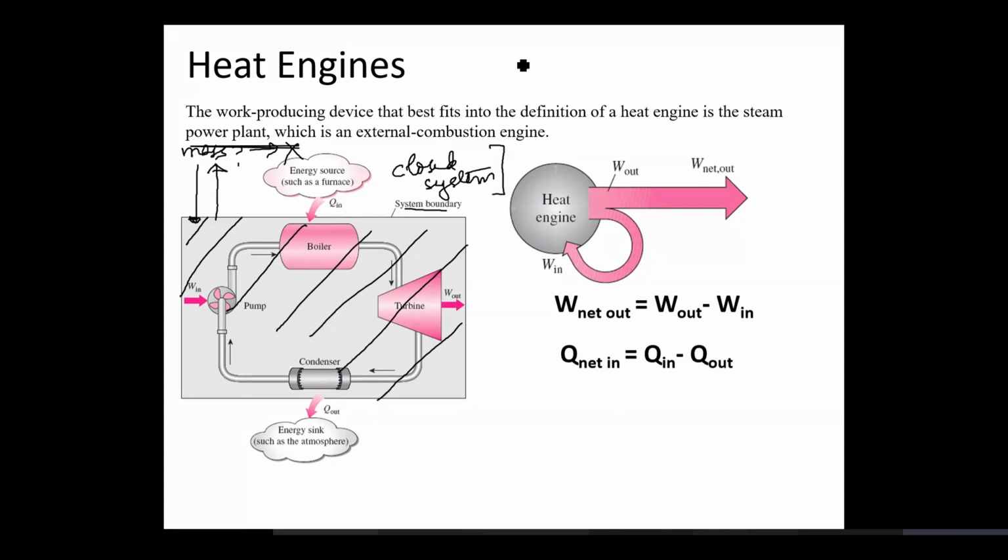For a closed system, the energy balance equation is Q minus W equals delta U, where Q is Q net into the system and W is work net out of the system. It is essentially equal to delta U. And how does the equation change if a closed system is undergoing a cycle?